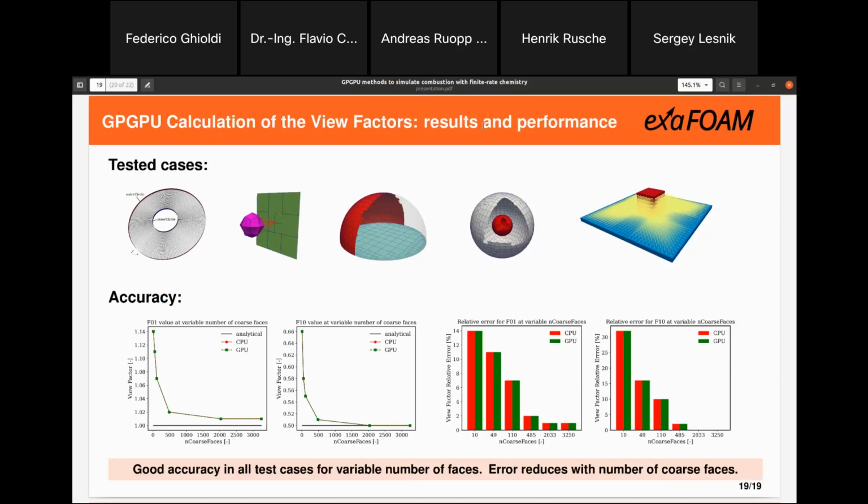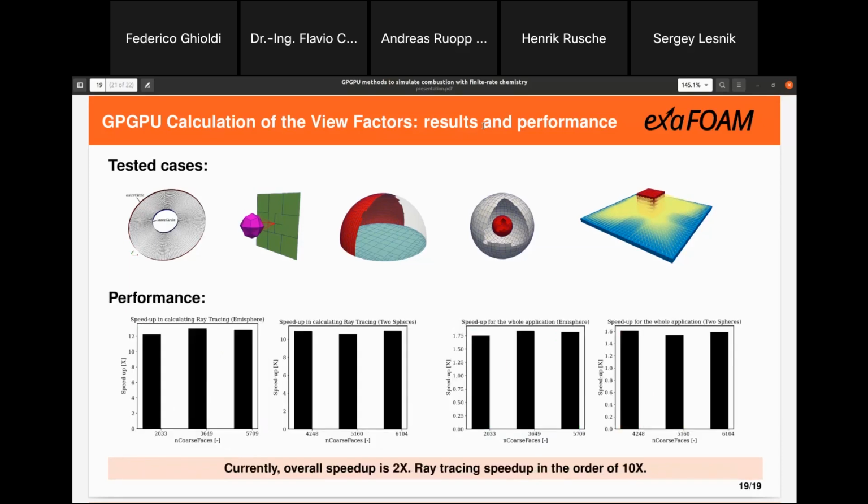As you can see, the accuracy that we get by means of the calculation via the GPU is very good with respect to the legacy CPU results, which also, at a high number of phases, tend to the analytical solution for the simple cases that we tested. We started from simple cases because we had the possibility to consider analytical results, and this helped us a lot in validating our approach.